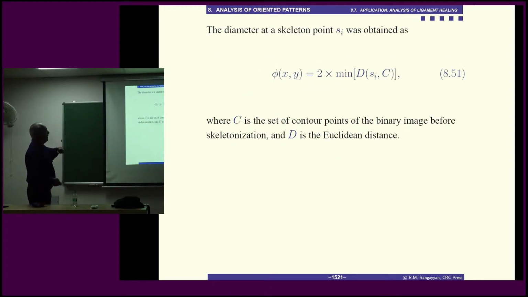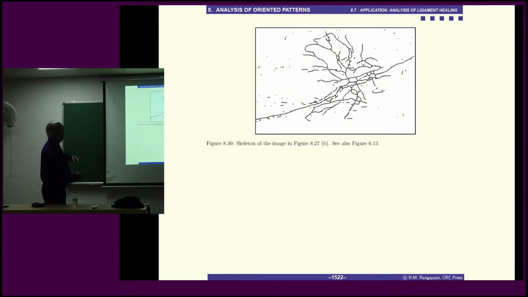The diameter at each skeleton point was obtained by taking the minimum of the distance between the set of contour pixels and the pixel. We saw the skeletonization earlier, so I don't need to go through that. This is the skeleton for one of the images I showed earlier.